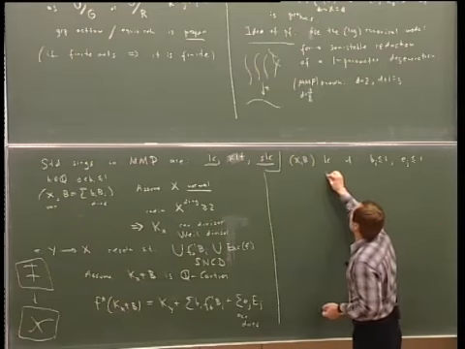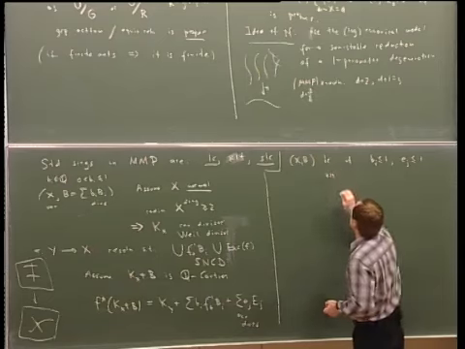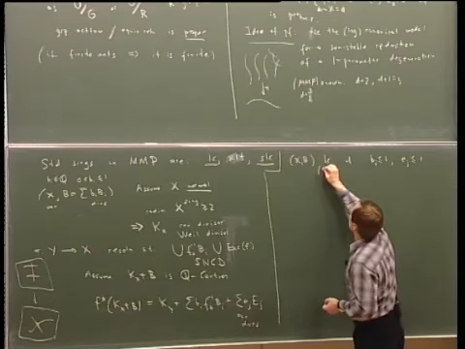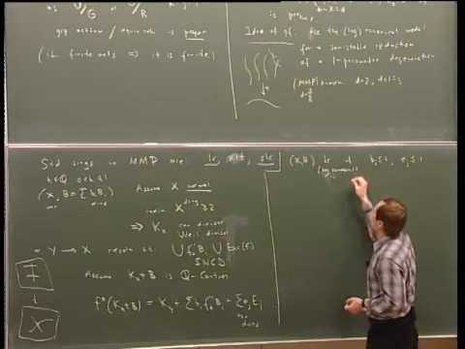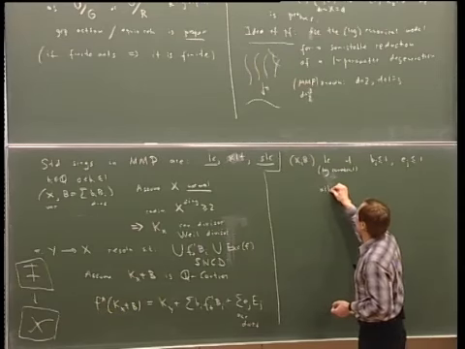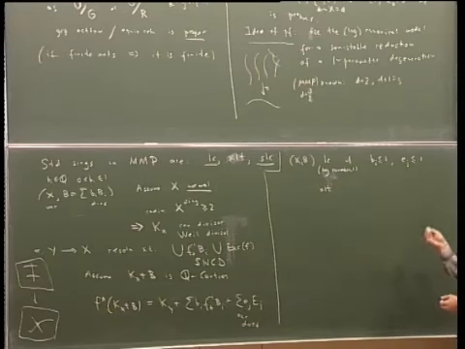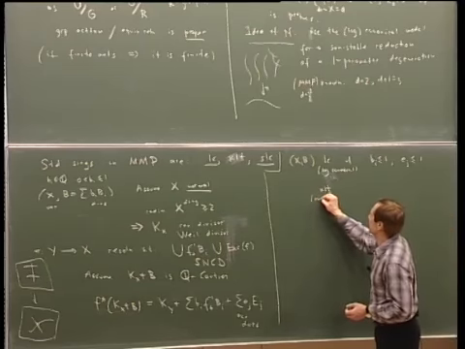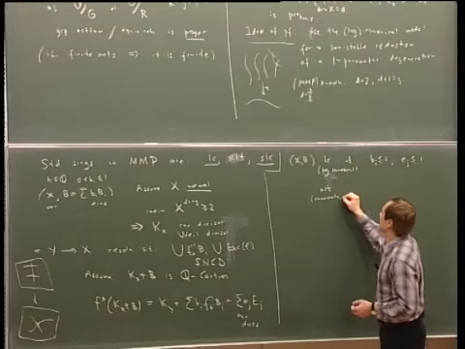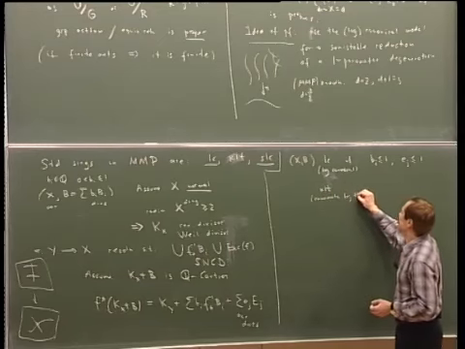And then you say that it's KLT. So LC stands for log canonical. And KLT, this is Kawamata log terminal.